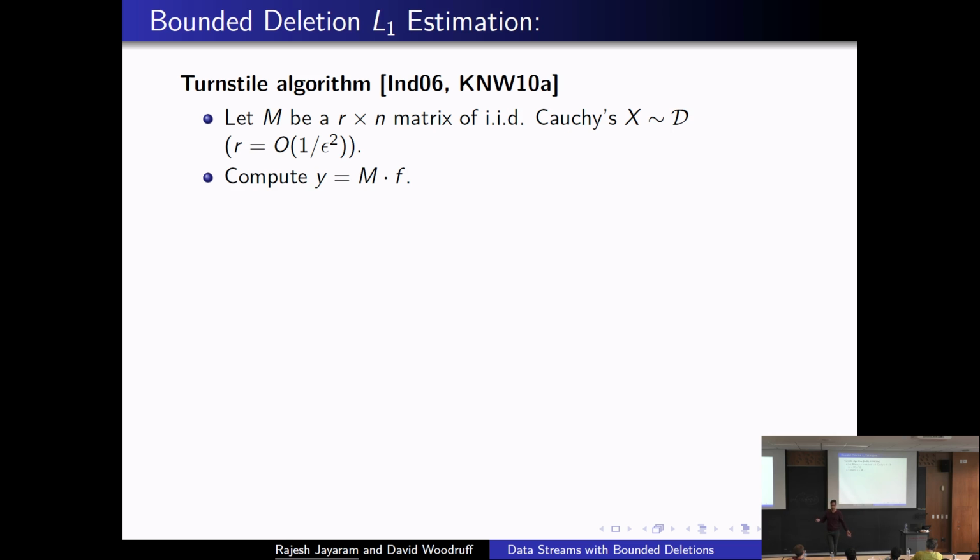And in the general case, how are you doing this in the stream? M is R by N, F is N by 1. You don't store M explicitly? Yeah, so I said for now, just assume that you could store M in small space.